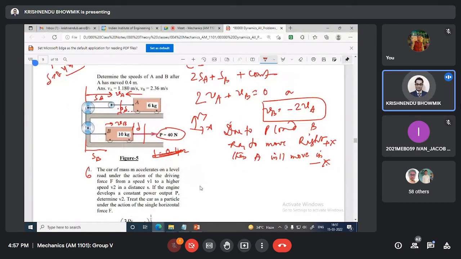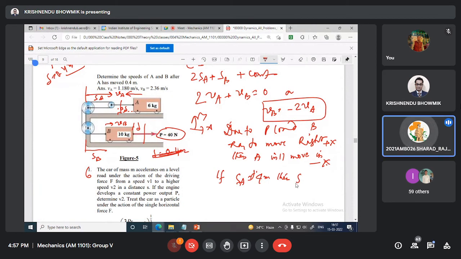Okay. Now, at the same time, if A moves by 0.4 meter, how much will B move? If SA equal to 0.4 meter, then SB will be 0.8 meter.